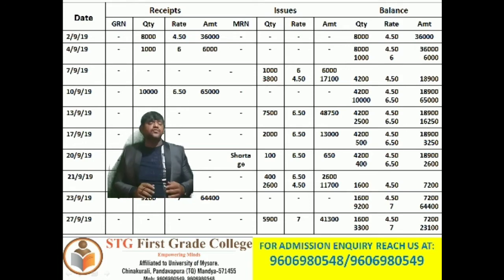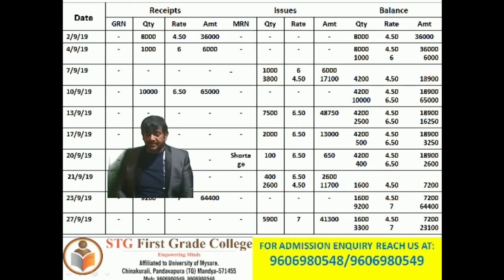Let us move further to 13th September 2019. On 13th September there is an issue. How many units have we issued? 7,500 we have issued. Clear? So there is an issue entry. Obviously, in the receipts column, GRN dash, quantity dash, rate dash, and amount also dash.